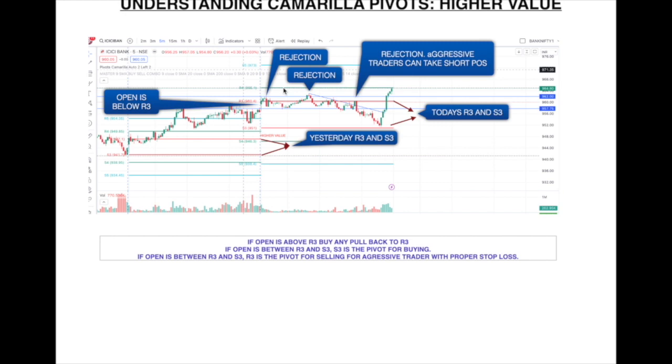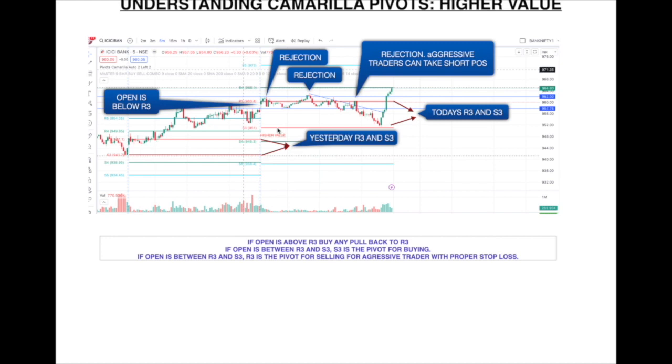Now the third situation is, what if the market opens above R4? Above R4, I have already told you, will be the last line of resistance. So it is going to be very sketchy and choppy, and only once the breakout happens, then enter. Don't enter at the first go. If the market opens below S3, let us say it gaps down below S3, in that case any pullback to S3 will be a selling opportunity for a target of S4 and S5.